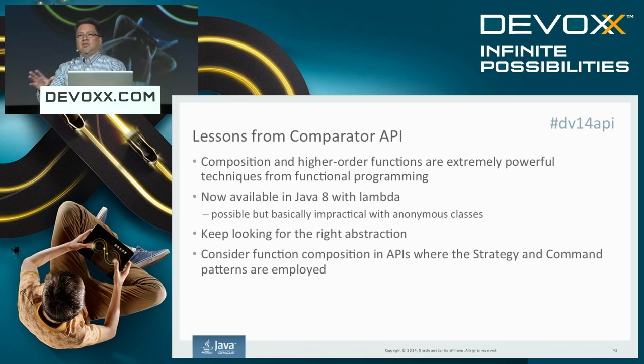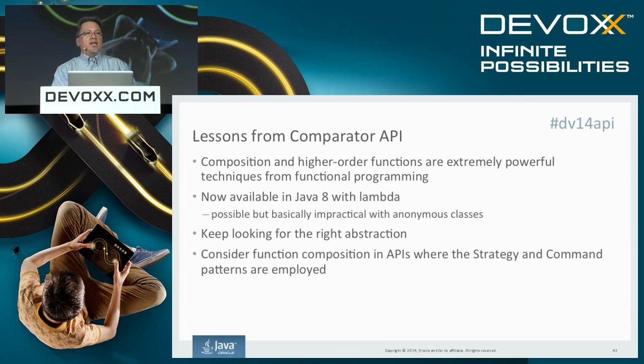The other lesson is, if you start running into a combinational explosion or some other problem that's causing something, look around at existing things and apply new techniques to them. So we really hit upon a good solution with comparators here because it lent itself very nicely to function composition.